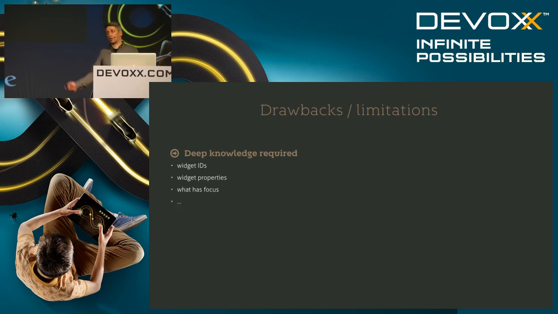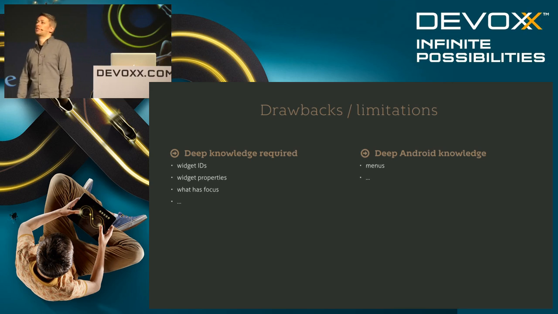What's also necessary, as you've seen, is that I really need to know my application. When I want to grab a certain field or a certain view, I need to know IDs, I need to know certain properties. Sometimes you need to work with whether it has focus and so on. So you really need very good knowledge about the app you test. And then again, for certain things like opening up menus, I think you will need to do a Google search the first time you try that.